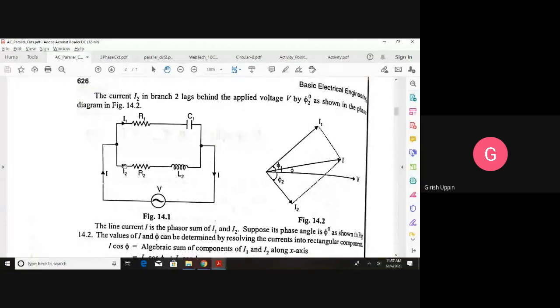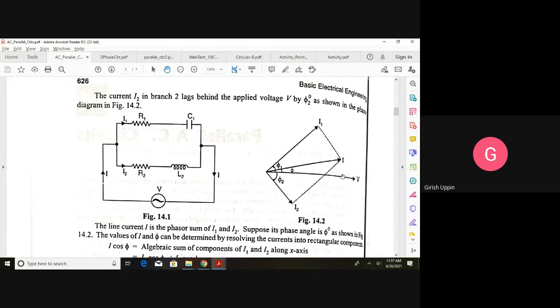And you can see from this phasor diagram, the current I2 is lagging the voltage by an angle phi 2. Now if we take the phasor sum of I1 and I2, that will give us the actual current I that is flowing in the circuit.